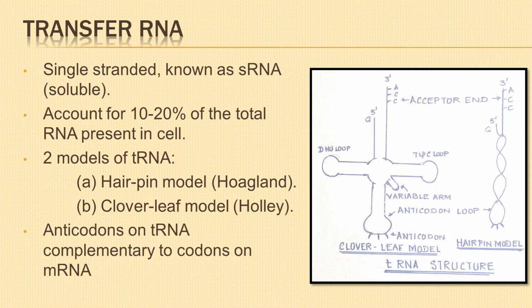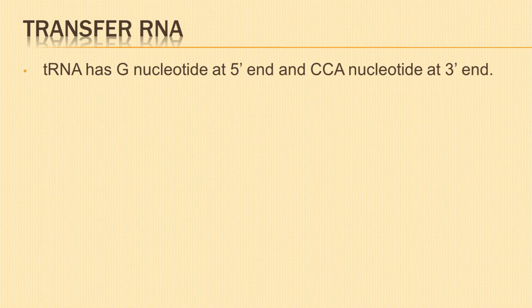The anticodons present on transfer RNA are complementary to codons present on the messenger RNA. Like the hairpin transfer RNA, it has G nucleotide at 5' end and CCA nucleotide at 3' end.